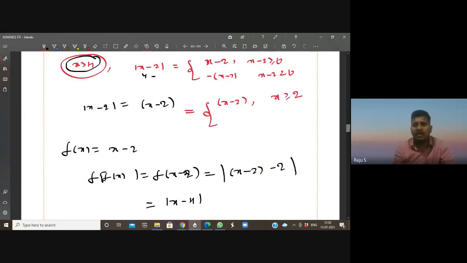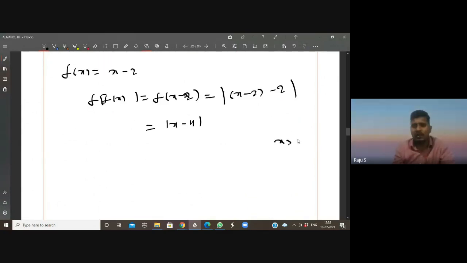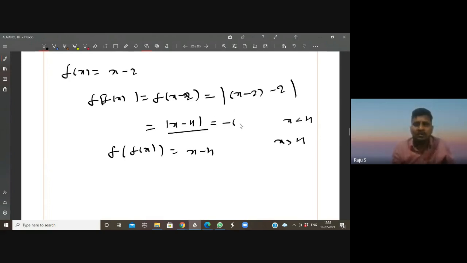Again, when x is greater than 4, what about this modulus? It will become x minus 4 alone, because if you substitute 5, 6, 7, you get only a positive output. In case x lesser than 4 is given, we can write minus of x minus 4, because substituting 3, 2, 1, 0 gives negative values.